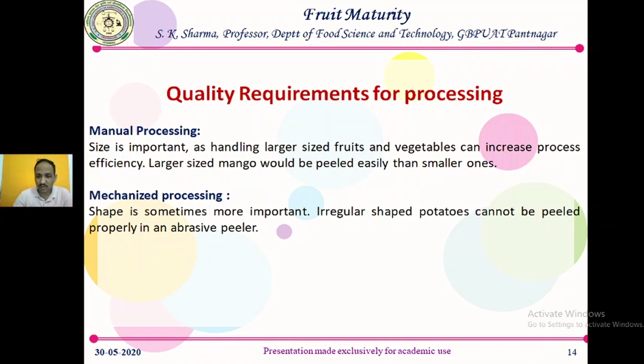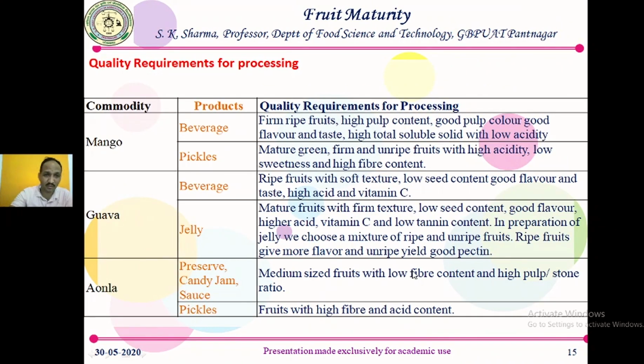So that is one point, that we should always judge the quality when it is there for mechanized processing. As far as possible, there should be uniformity in the ripening, there should be uniformity in the size and shape and all those things, so that they can be peeled properly, they can be pulped properly. So these are the quality requirements.